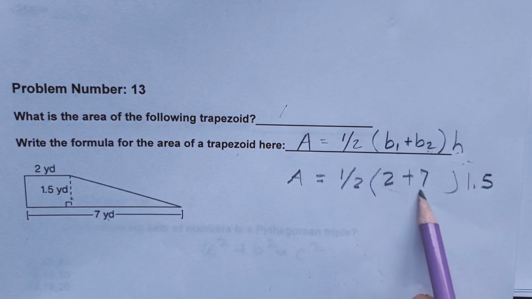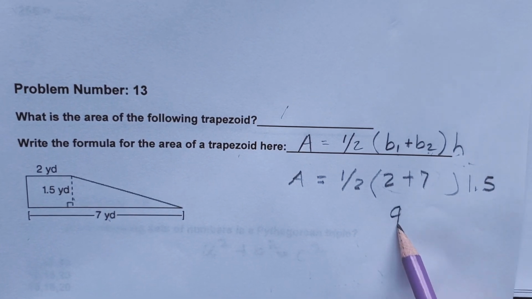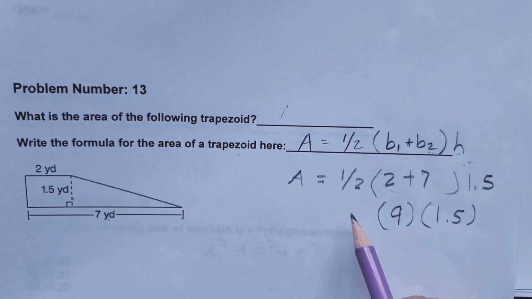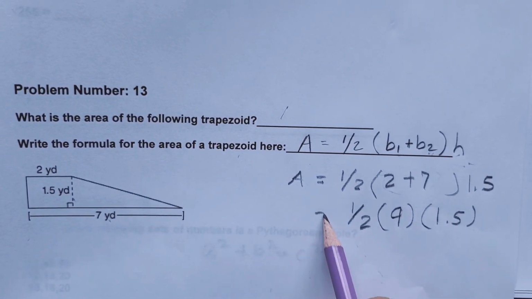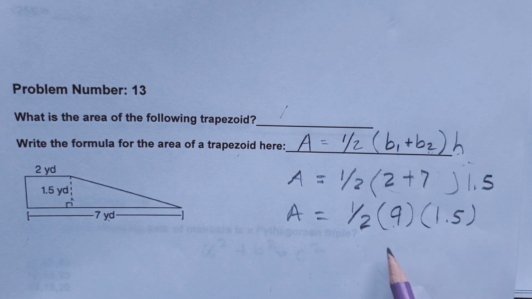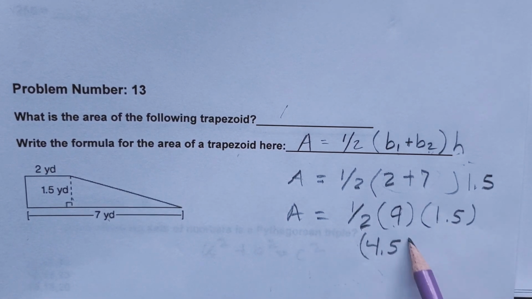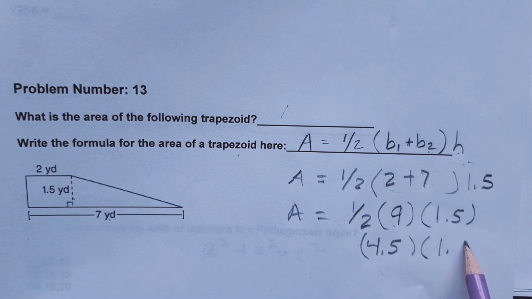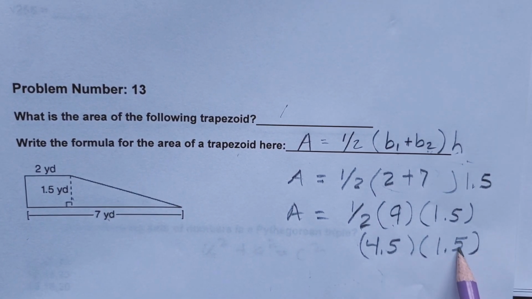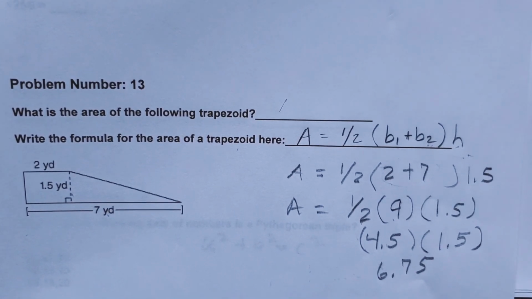Okay, let's do what's in parentheses first. That's according to PEMDAS order of operations. And write everything else out. Okay, half of 9 is 4.5. And then 4.5 times 1.5 is 6.75.